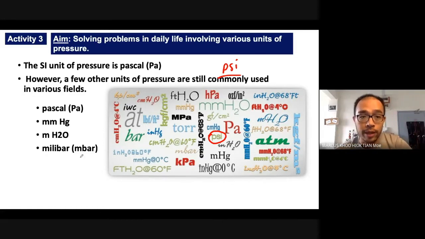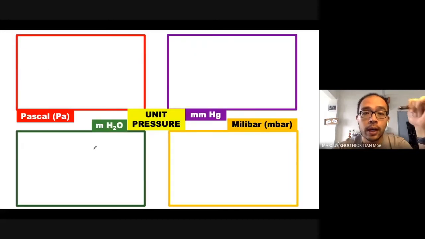The short form for millibar is mbar. Don't say 20 mbar wrongly, everybody says what's this; it's mbar, for example 20 mbar. So there are four units that you need to know: Pascal, millimeter mercury, meter water, and millibar.